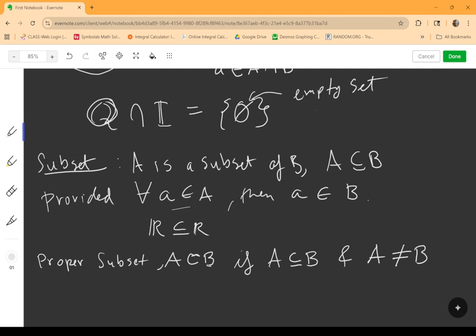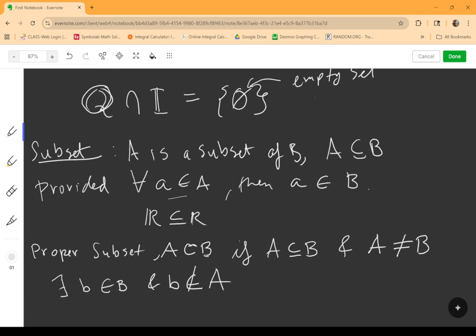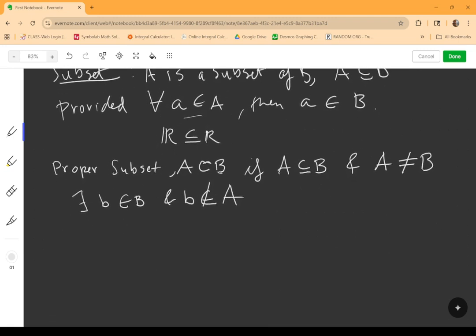So that means that if this were not to happen, there must exist a b element of B and b not in A. So this set B is somewhat bigger than A, and it contains at least one more element. So that's the idea of a subset and a proper subset.